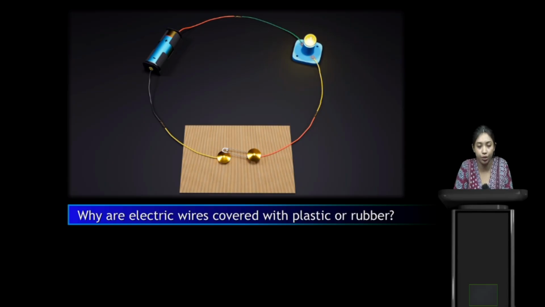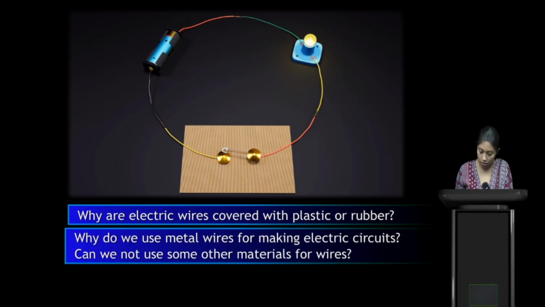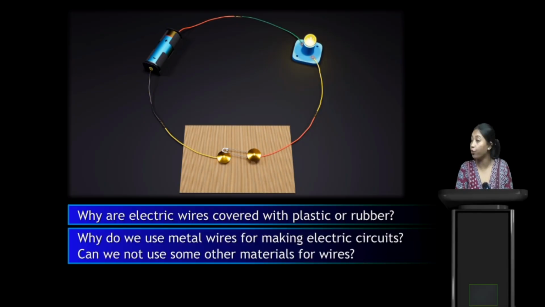Now, here's a question: why are electric wires covered with plastic and rubber? Now, the second question is why do we use metal wires for making electric circuits?